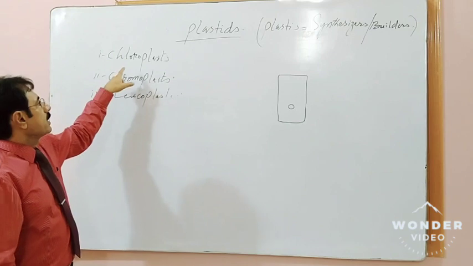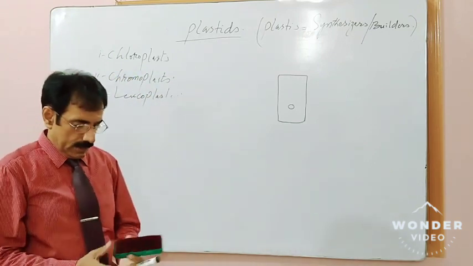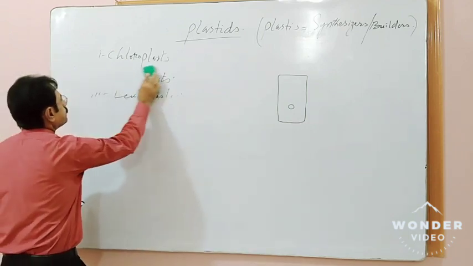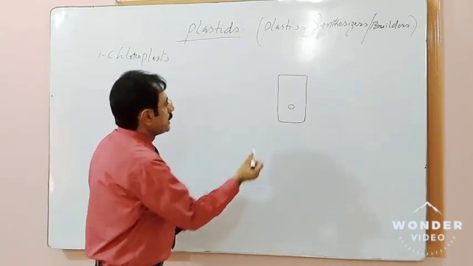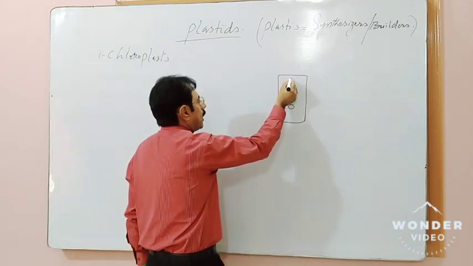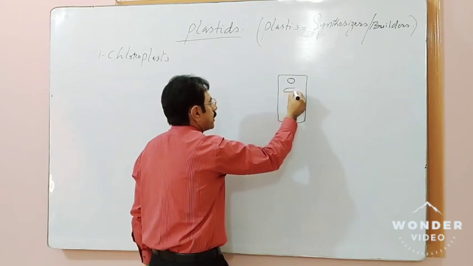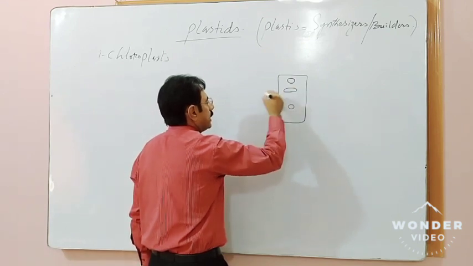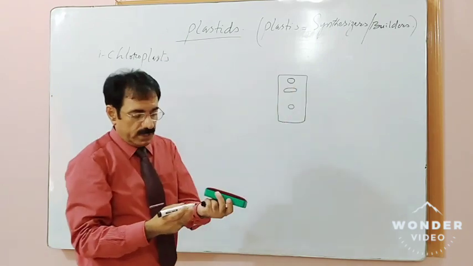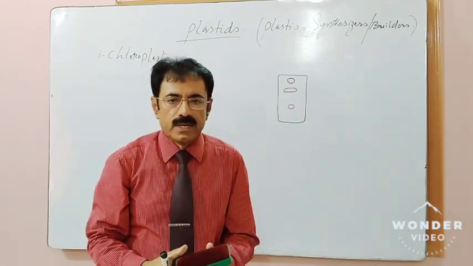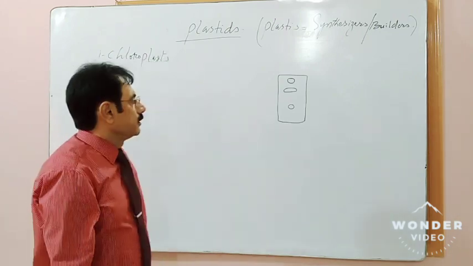Let us see number one, chloroplast. The chloroplast is a spherical or a rod-like structure. A photosynthetic cell possesses about 15 to 20 chloroplasts.